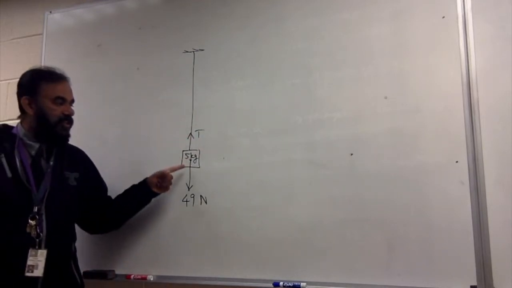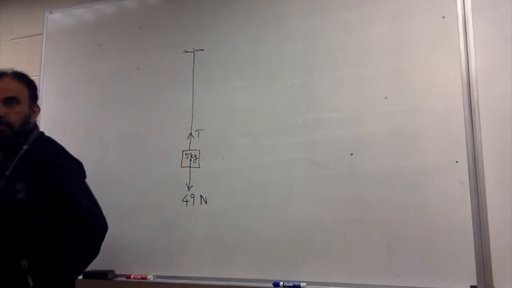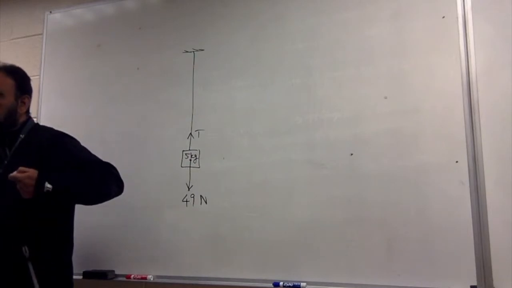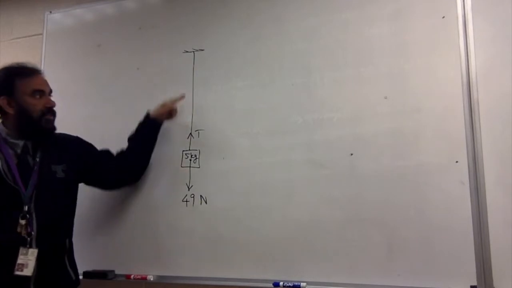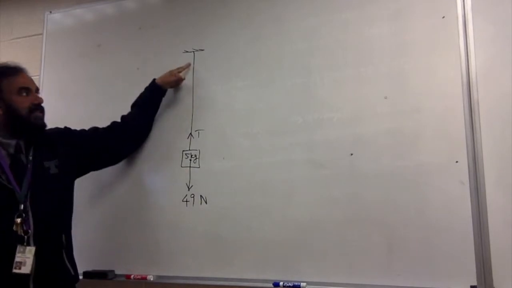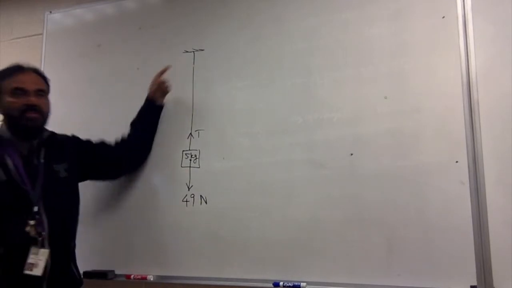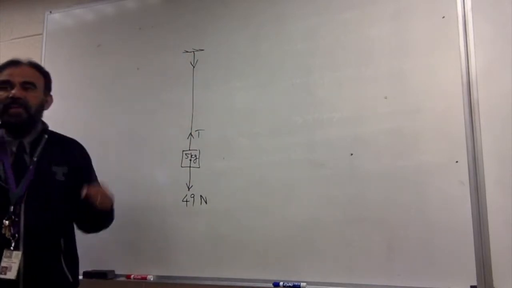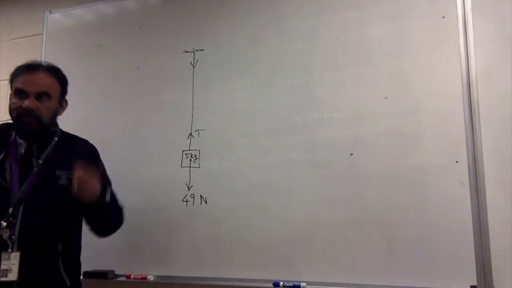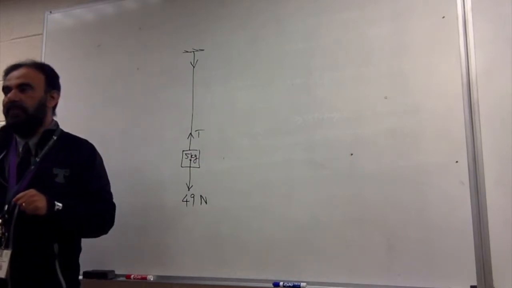So what is the tension doing to this 5 kilogram object? It is pulling it. And I told you the tension is the same in the string everywhere, right? So is there a tension here? Yes. Is there a tension here? Which direction is the tension here? What is this tension doing to the ceiling? So you put the arrows accordingly.